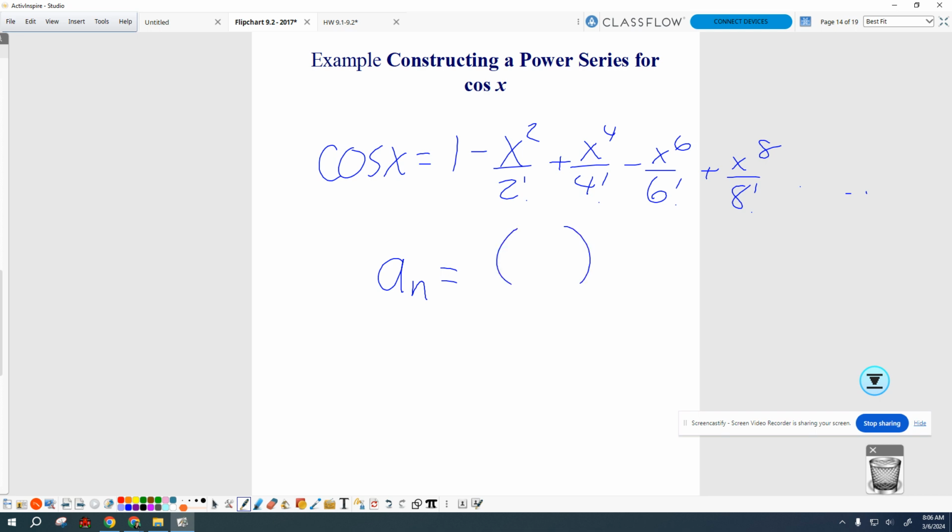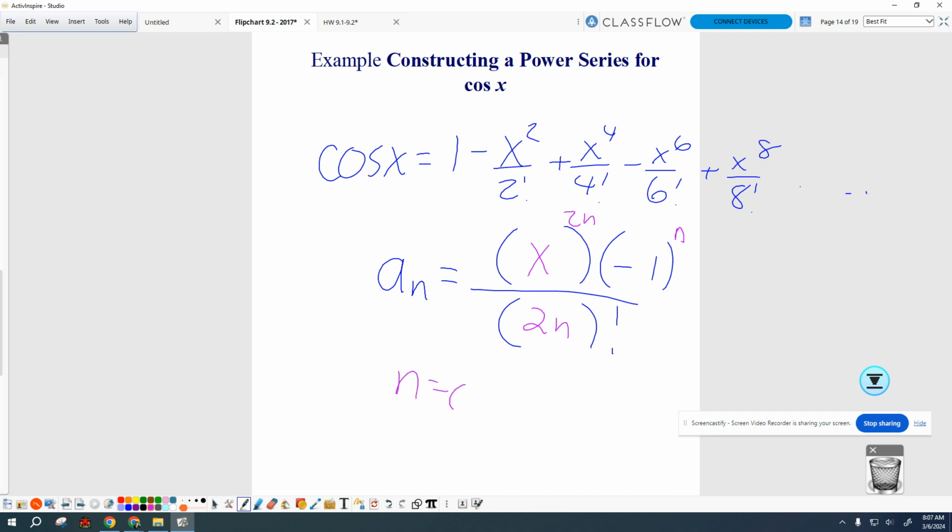How am I gonna create this? So, numerator is gonna be x to the power of 2n. And the bottom is gonna be 2n factorial. And then the power of -1 is going to be n. Okay, so let's check.